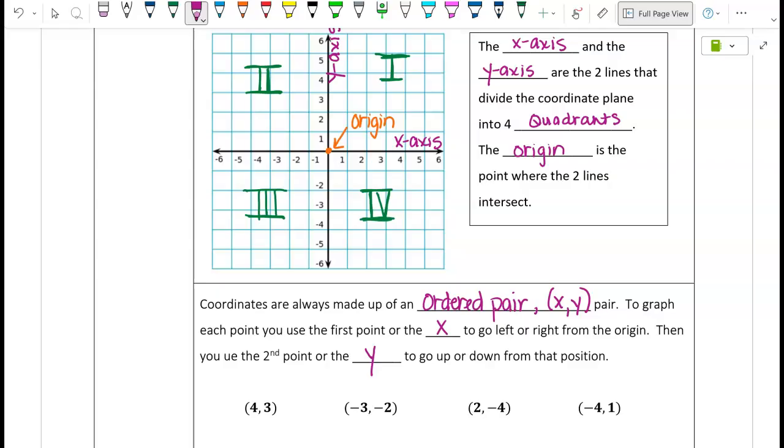So the signs of the numbers are telling us where we're going to end up. Positive goes to the right and up, negative goes to the left and down. We have to know how a coordinate plane is numbered to understand.